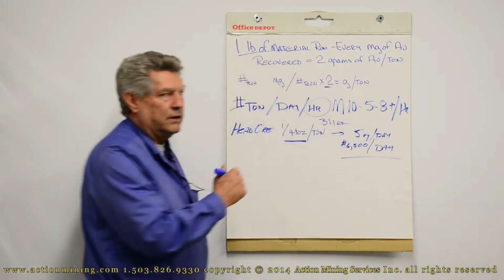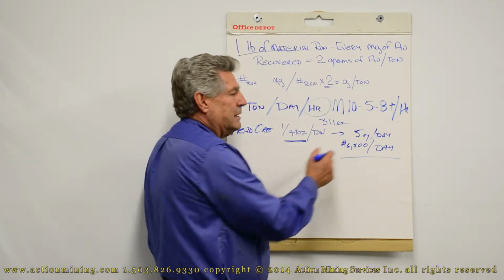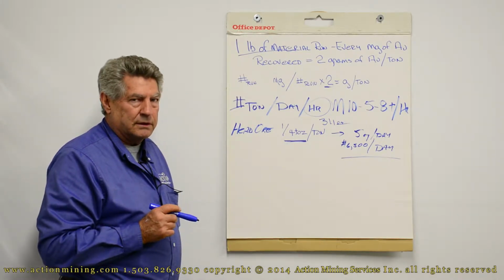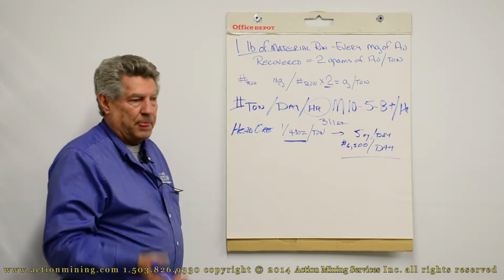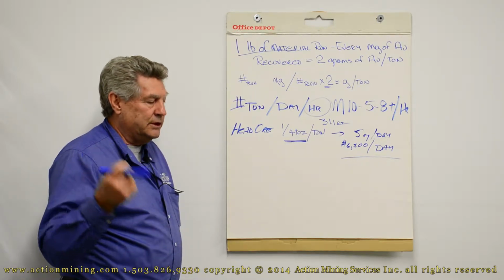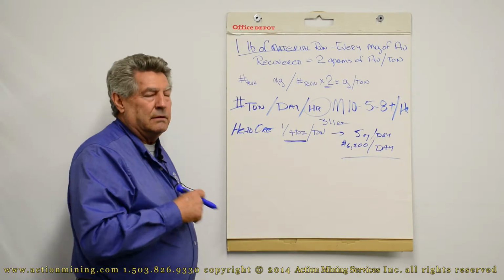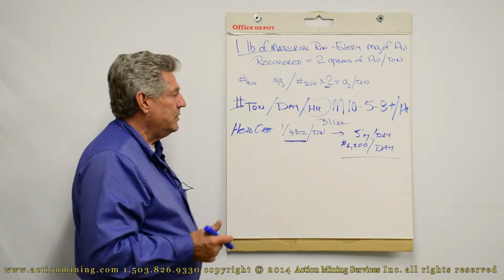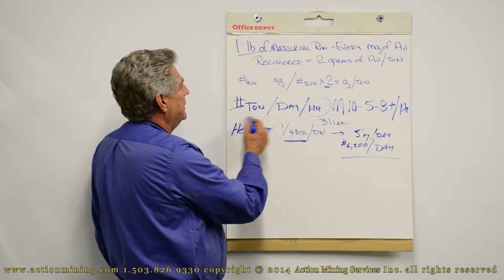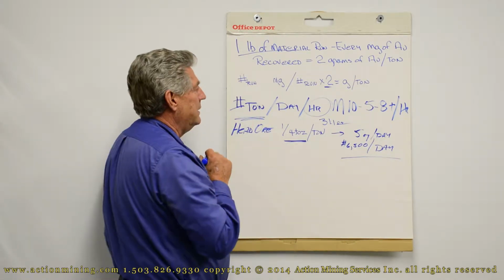So now you've got to figure out, is that enough money to make the mining operation feasible? You've got to figure electricity, gasoline, diesel, time, all of those things, and how many people you're using. So what we need to do is figure out how many tons we want to run in a day.